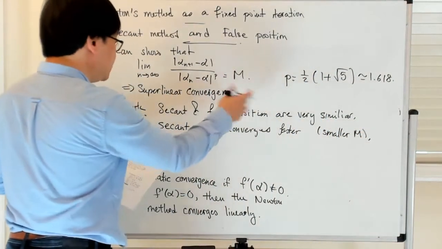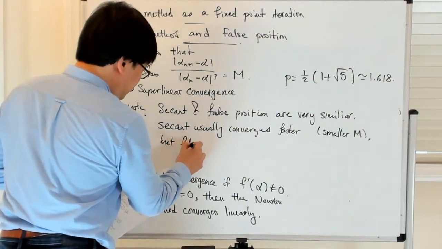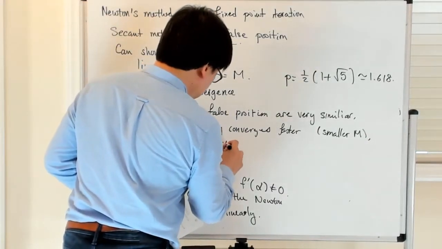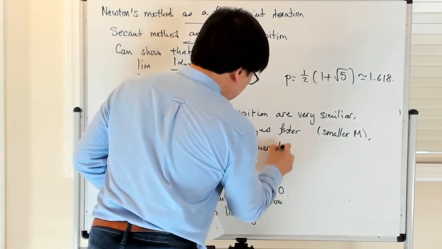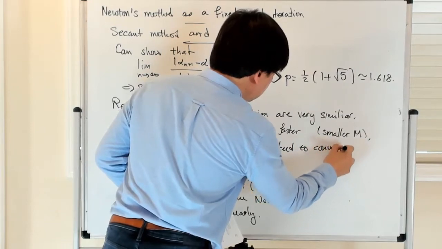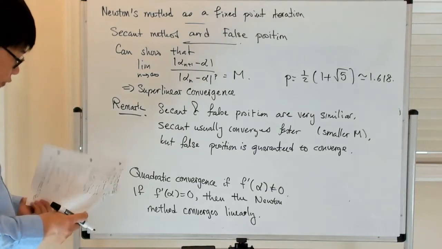But false position is guaranteed to converge, whereas secant is not necessarily guaranteed to converge. So there is a trade-off between these two methods.